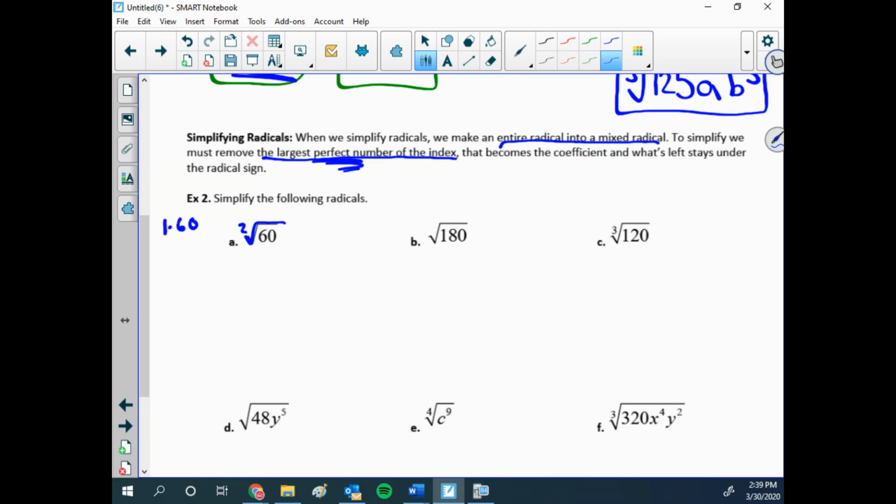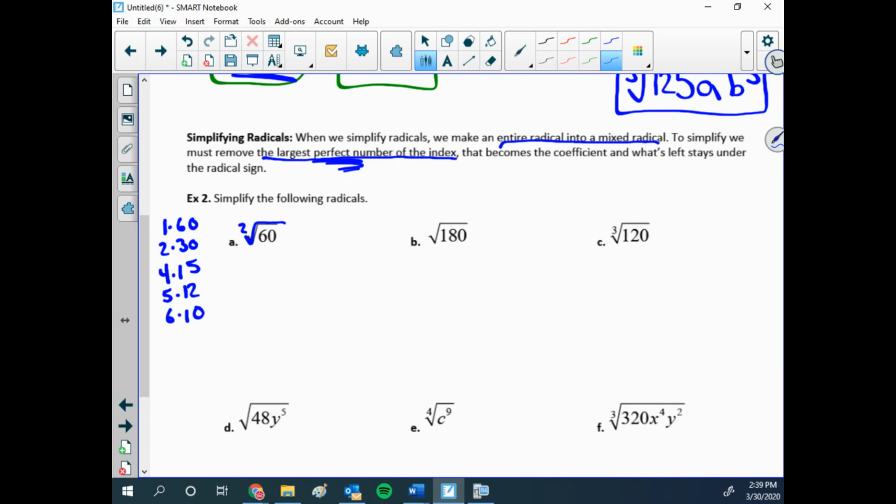First thing I'm going to do is list all of the factors of 60. 1 times 60, 2 times 30, 4 times 15, 5 times 12, and 6 times 10. Those are all of the factors of 60. Now I need to see which of those have a perfect square as one of the factors.